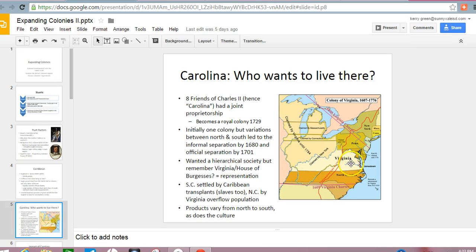One thing about this area of, say, Virginia, North Carolina, and Maryland is these areas, especially like Maryland, Pennsylvania, North Carolina, they will end up being the breadbasket for South Carolina and the Caribbean, because those territories will be so dominated by cash crops with sugar that they won't necessarily be able to produce enough foodstuffs for the population of slaves that they have. Products do vary from North to South Carolina, so that's kind of important to know.